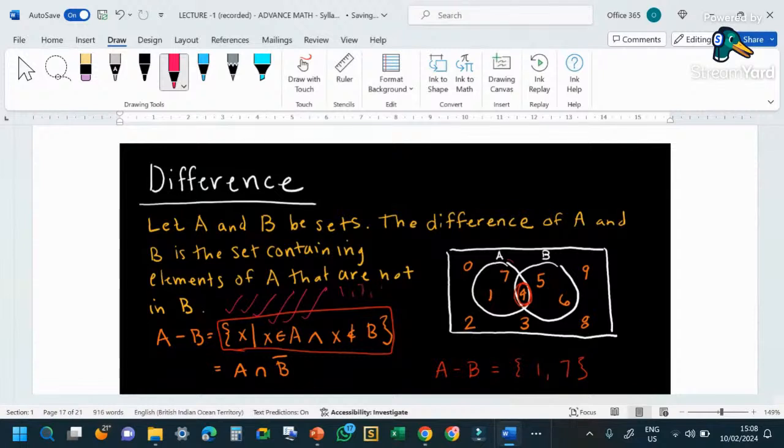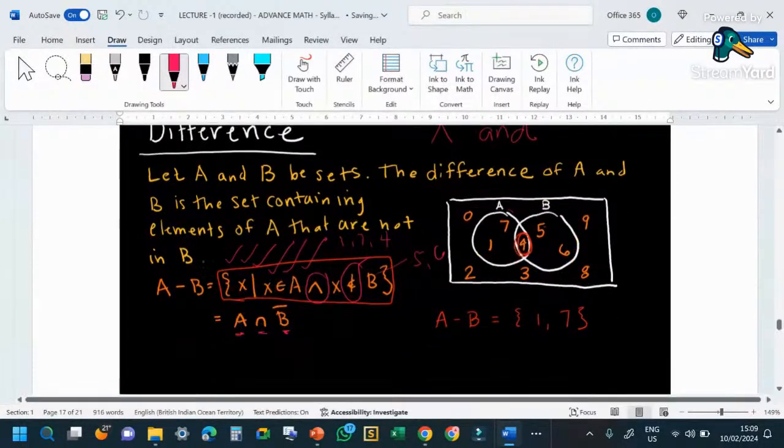Okay, 1, 7, 4. And then the inverse triangle is an and. And x is not an element of B. So 5, 6 are not elements of B. Or this is the intersection, A intersection of not B.